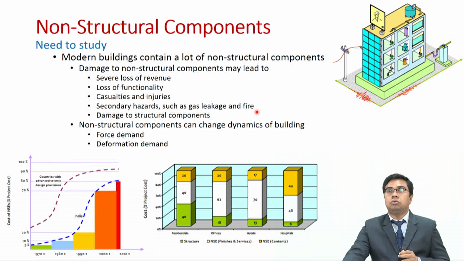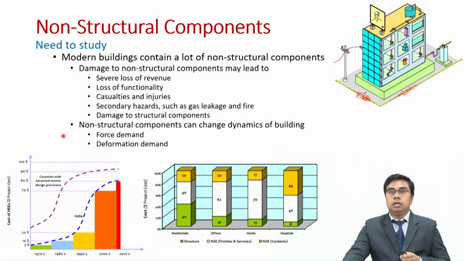That can lead to more casualties and injuries, more loss of property, etc. Further, the damage to non-structural components can also lead to damage to structural components. How is it possible? If a very massive non-structural component such as a rooftop water tank or a very heavy equipment collapses, then it can lead to damage of the slab or a column nearby and so on.